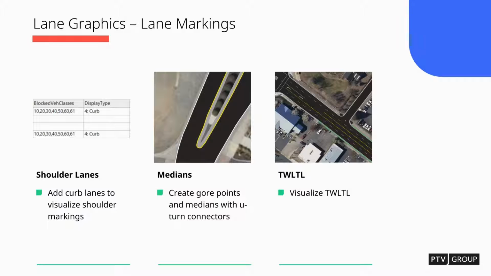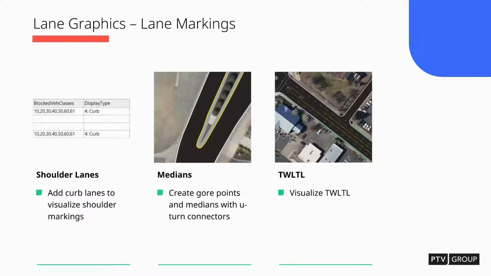I've also been able to visualize 2-way left turn lanes, and I'll show you this in the model in a second. We get a lot of questions about 2-way left turn lanes and turn pocket visualizations, and so we can implement those with these graphic parameters.